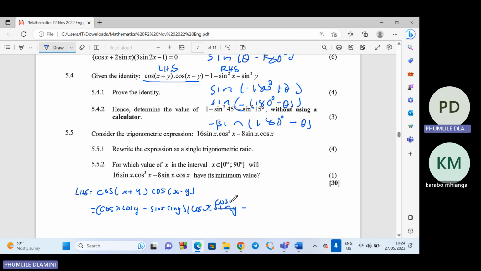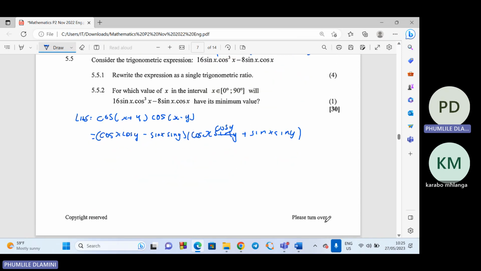And then sine: here if it's plus, it's minus; if it's minus, it's plus. Plus sin x sin y. So just because something looks very long does not mean that you must not do it. It can be long, but you can work it out.